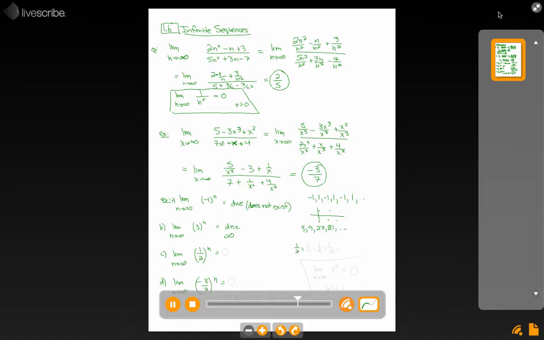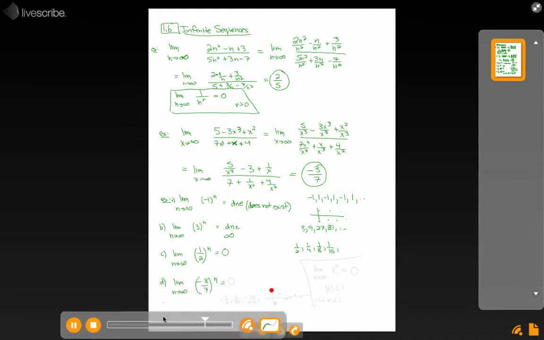Now the next one, same format, except the base here is a half. If you looked at the terms, you'd have a half, a quarter, an eighth, a 16th. Graphically, they're getting smaller and smaller, closer and closer to 0. It turns out that this one does have an answer, and that is 0.